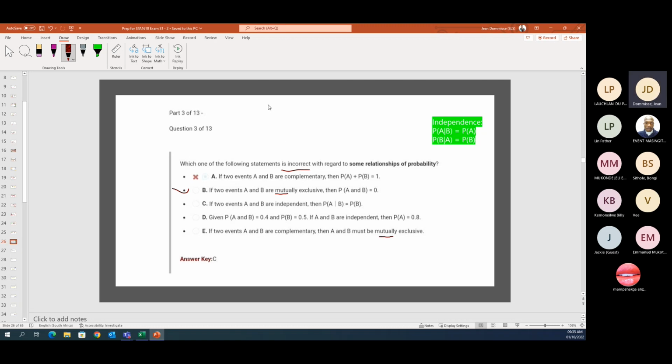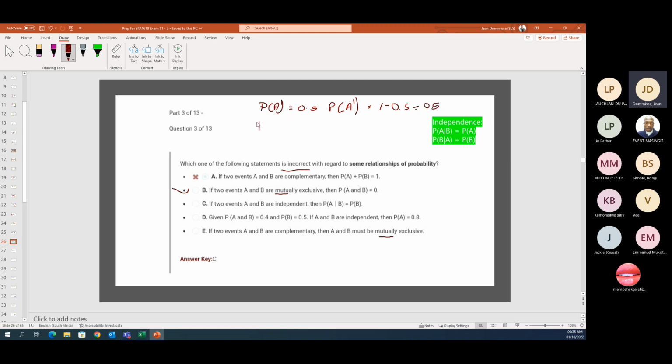But if it's complementary, remember when we said probability of, so if we have probability of A is 0.5, the complementary of that is 1 minus 0.5. Okay, for this one that I picked, it was also 0.5.